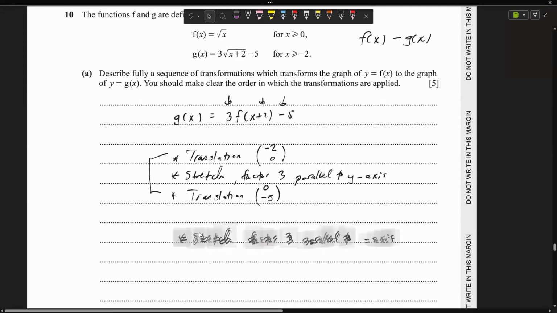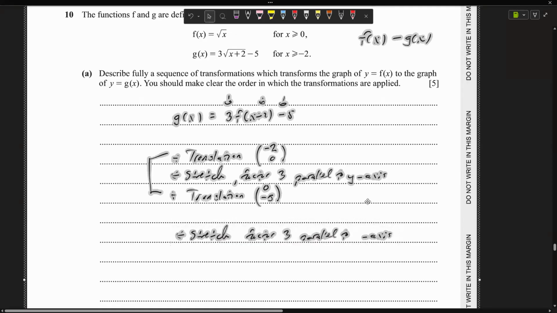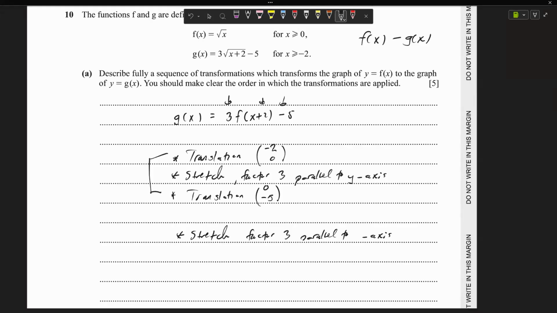So the stretch of vector 3 parallel to the y-axis. And for these two combined, we'll say that that's a translation of -2 and -5. So we will just take this for our result.